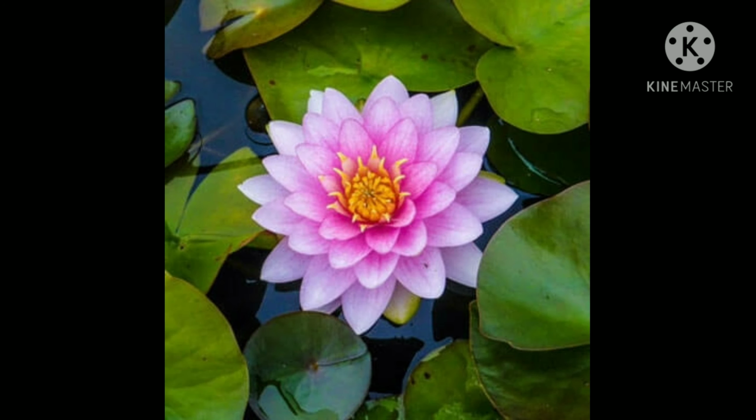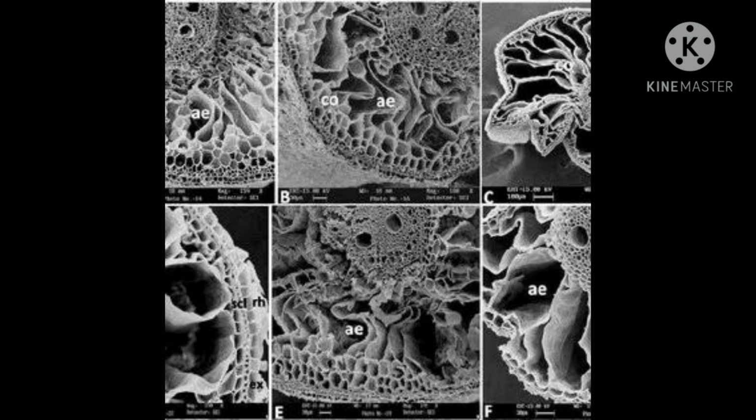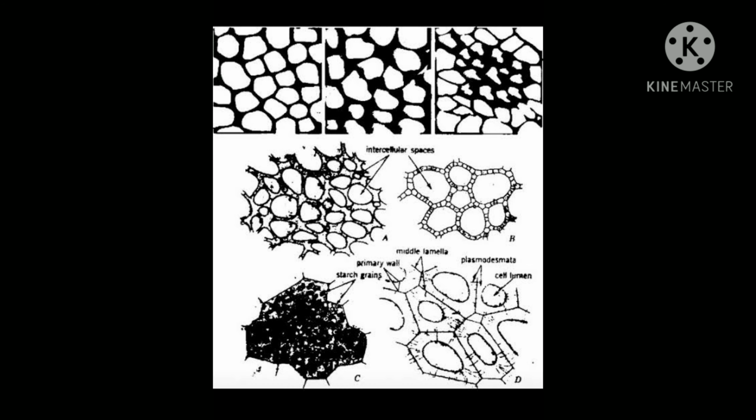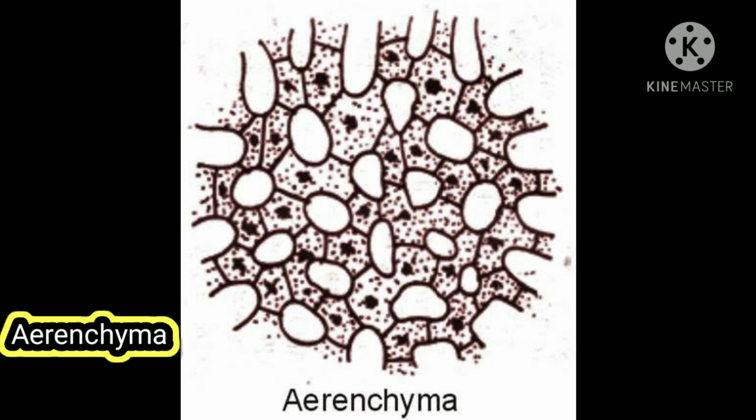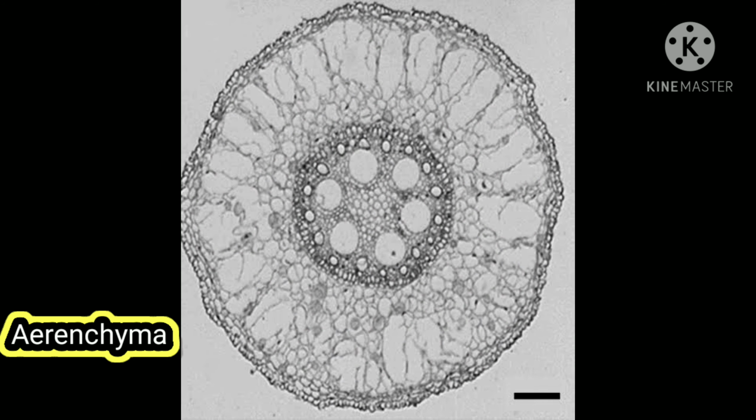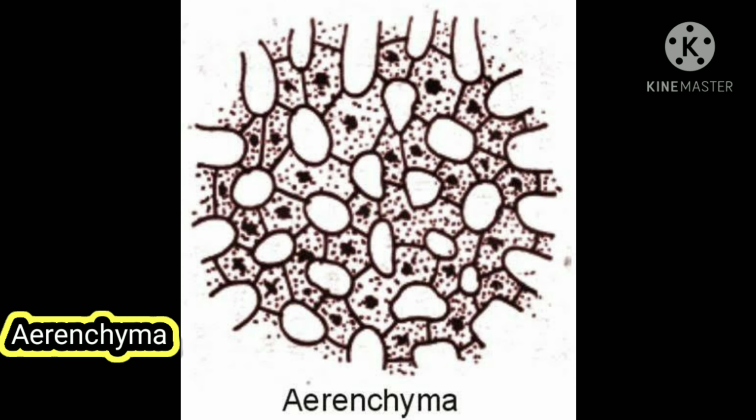Doubt number 5: how do floating plants in the aquatic region float with big flowers and big seeds? This is also a doubt in us. These plants have a different tissue called parenchyma, by which these plants float, and this tissue consists only of air spaces. Most of the land plants do not have this.